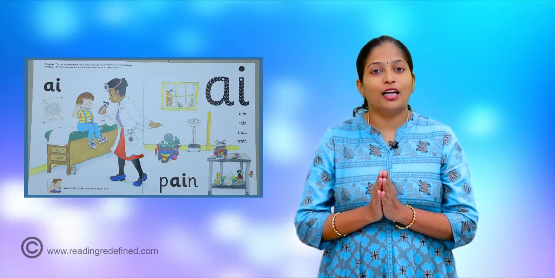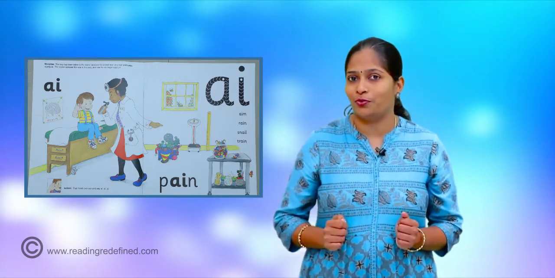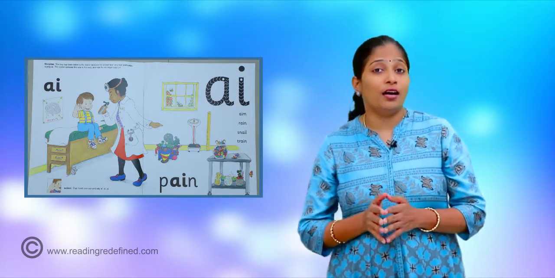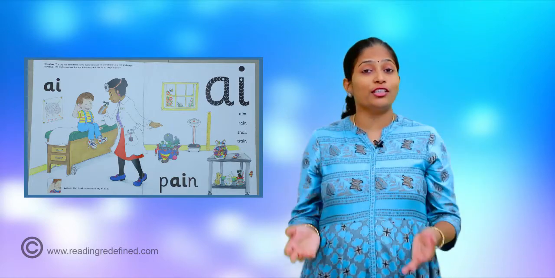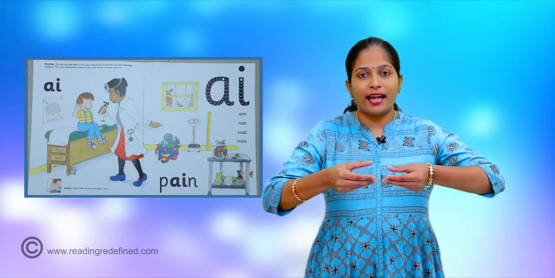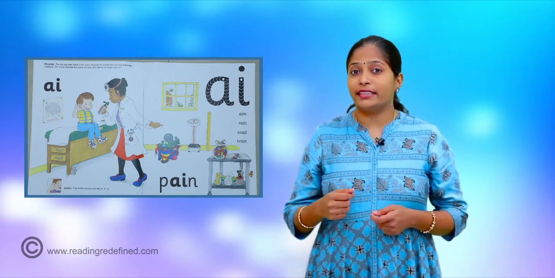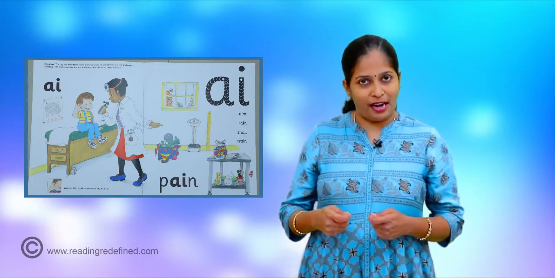Let's quickly revise all the short vowel sounds before getting into group 4. Okay, so now, what are the short vowel sounds? A, E, O, A. Shall we try to do it a little faster?